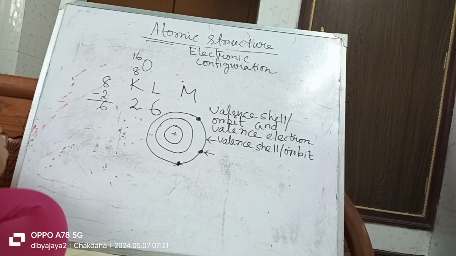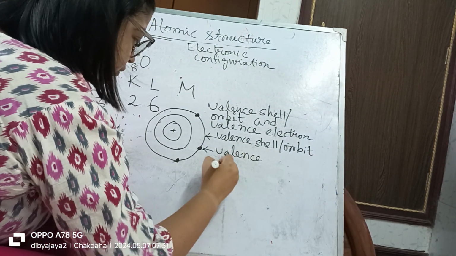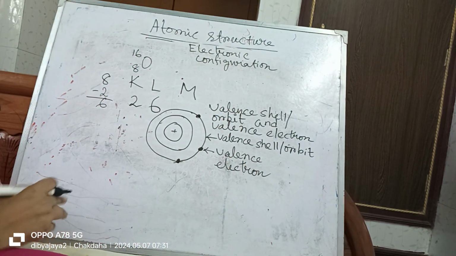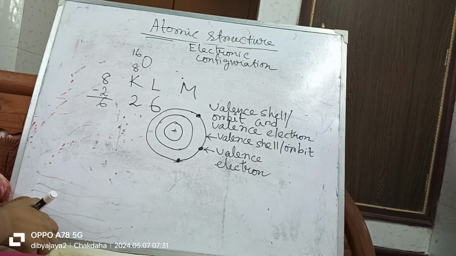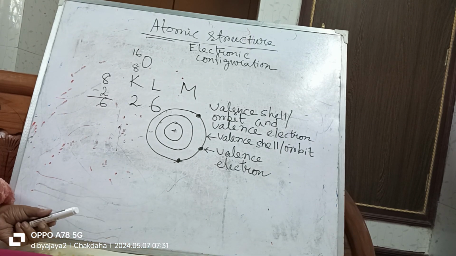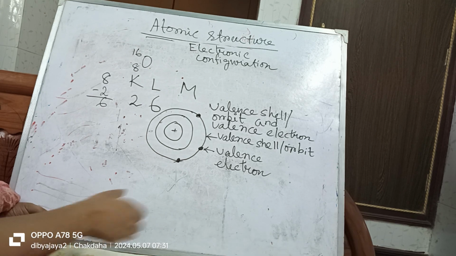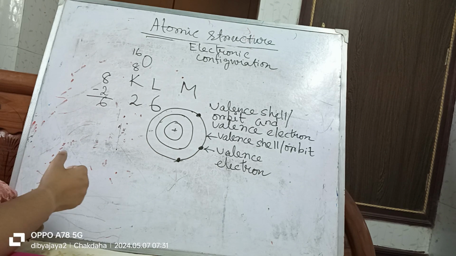That is called valence electrons. These valence electrons are responsible for making any ionic compound and covalent compound.